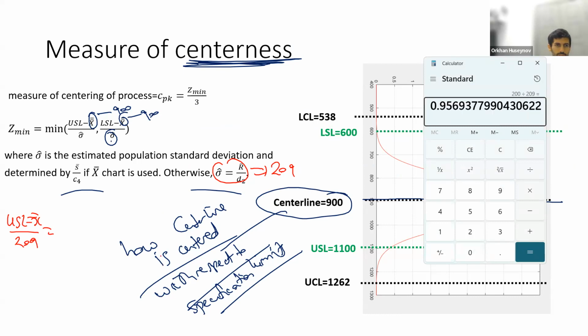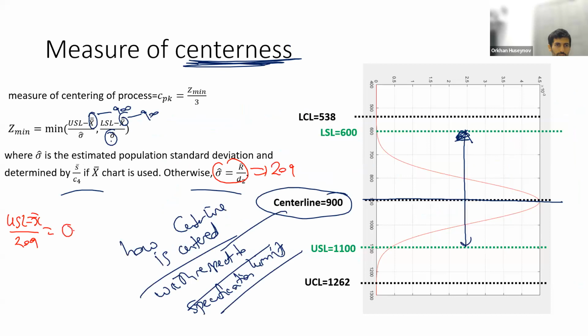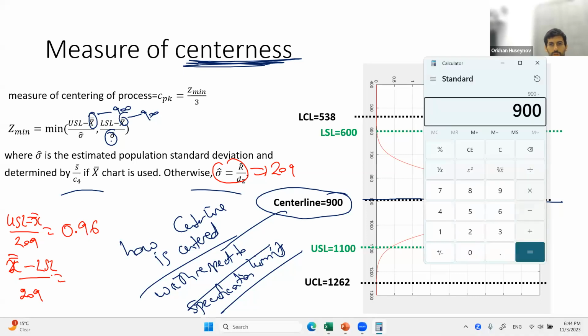This one is 0.96. The other one is the X average minus LSL, divided again by 209. So this is 900 minus 600, divided by 209, which is 1.44.